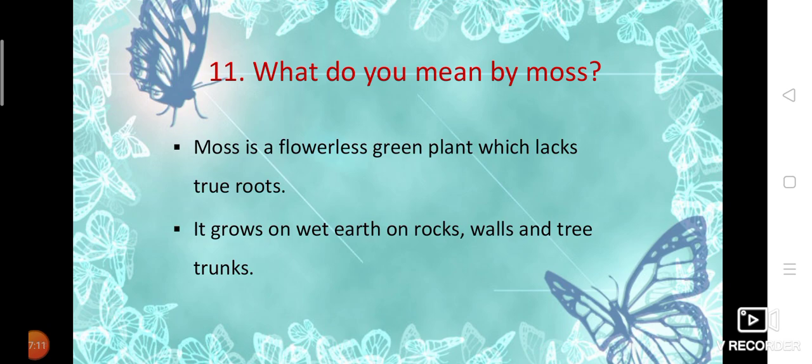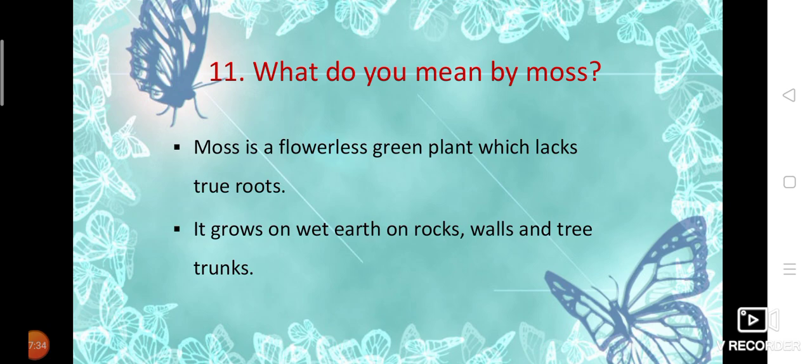True roots. That is, no roots are there. It is a plant and it should be green in color, but you cannot find any roots and flowers in that. That is called moss.